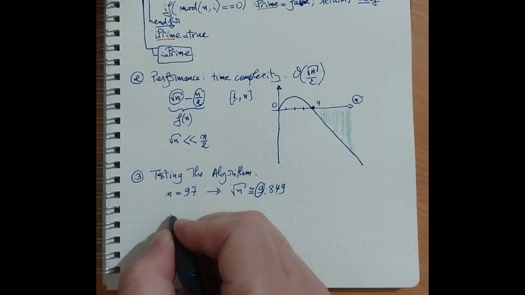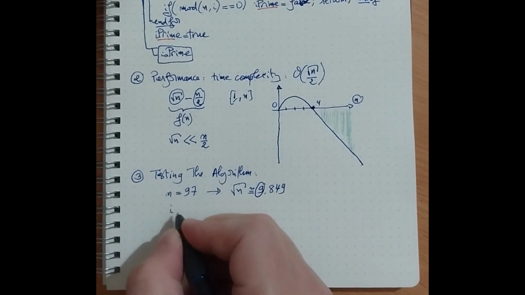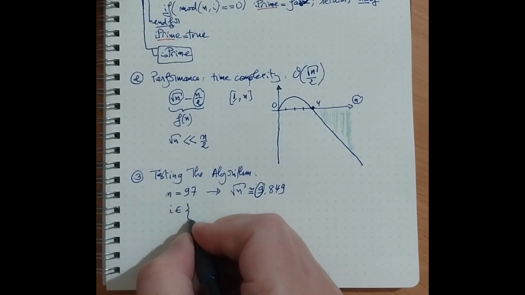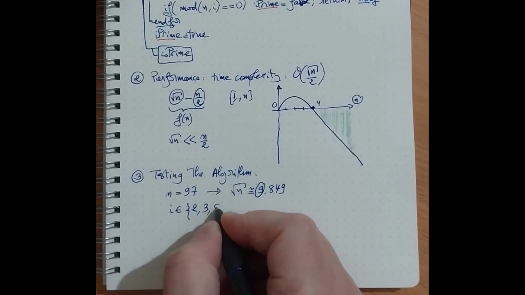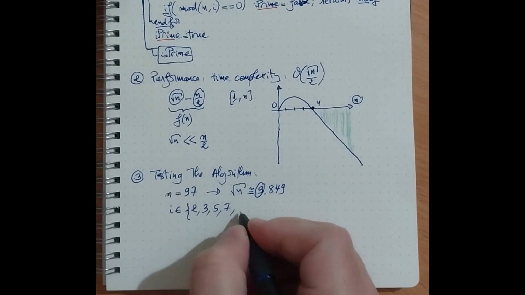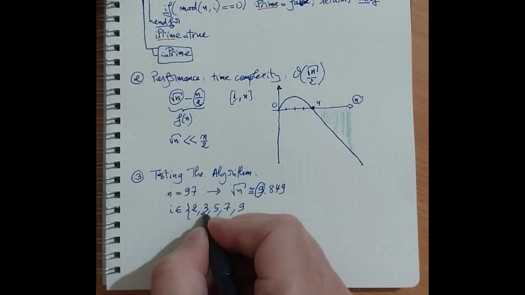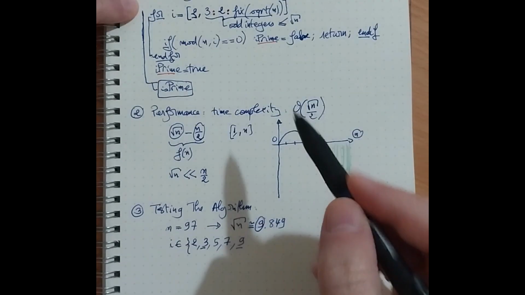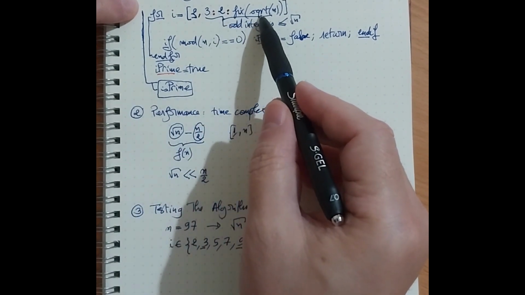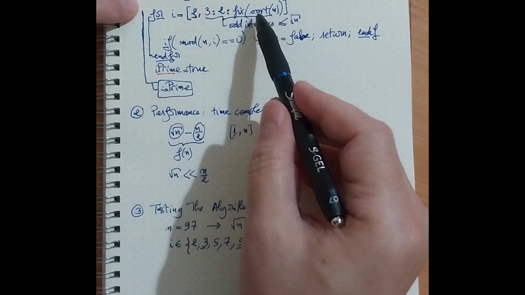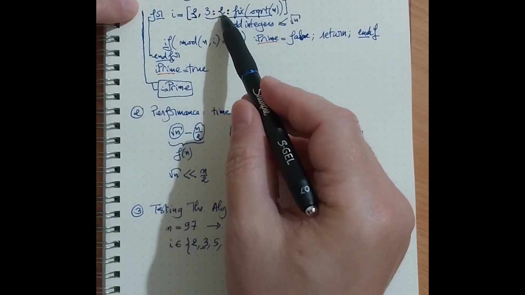So we check i inside the set 2, 3, 5, 7, and 9. Start from 3 till 9. From 3 till the boundary, the integer part of square root of n. And we skip even numbers.